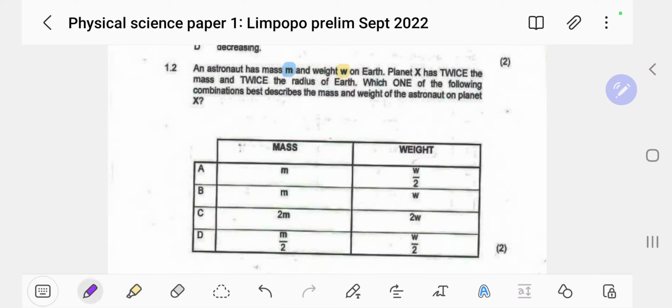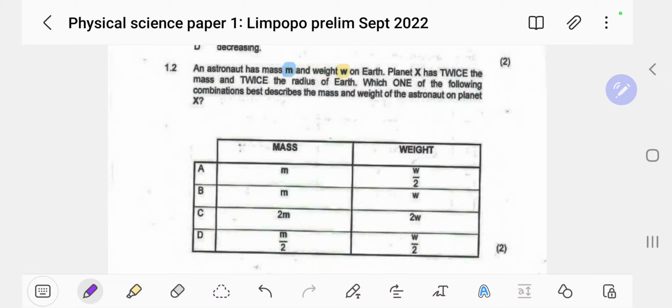Okay, so now we are told that the planet X has twice the mass and twice the radius of the Earth. Okay, so everything is doubled. Now it says, which one of the following combinations best describes the mass and weight of the astronaut on planet X?